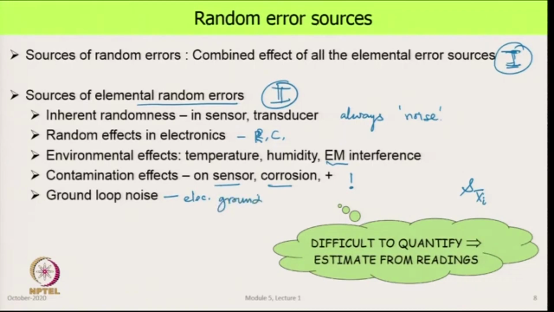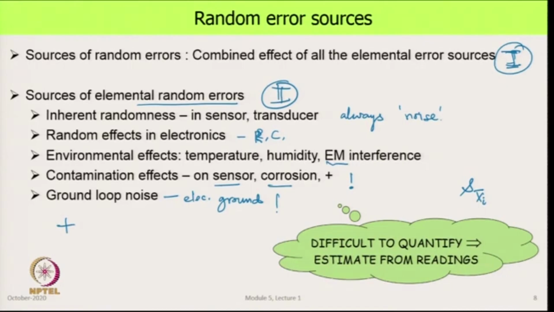Ground means literally the ground or the earth, or the floor of the laboratory, because that is connected to the ground of the electric power system, and depending on how well the grounding is done, a machine operating somewhere could influence a measurement done in its neighborhood. This is always there. We can minimize it, and of course, if we are designing our system thoroughly, we can even eliminate this. And you can add more to this, and we see that that forms a sort of a list of elemental random error sources.